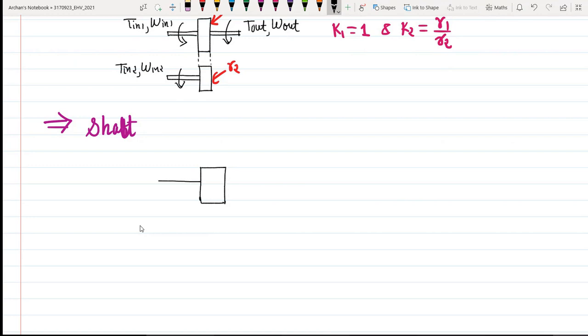Okay. So here is what my input is. And to the same shaft, I am providing the input 2 over here. Okay. So this is our torque input 1, which will result in omega input 1. And here we are providing torque input 2 and speed omega input 2.